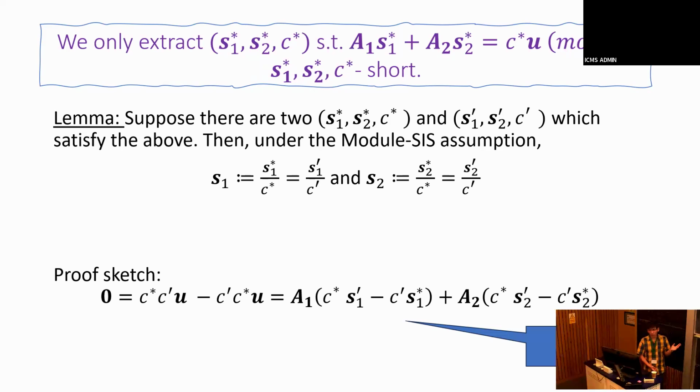We don't know anything about it. But I will call this my candidate witness. And then this lemma says that if you manage to get different witnesses, then my candidate witness is always the same, or I solve CIS.